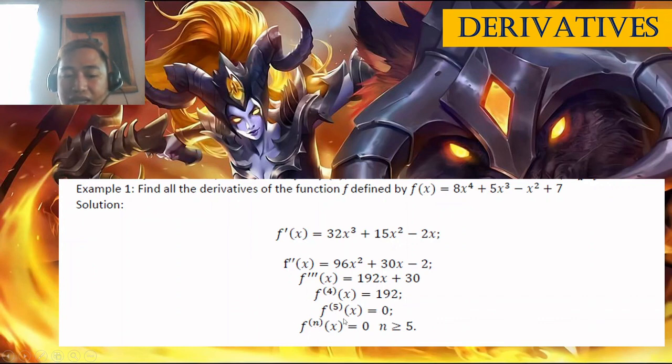So the nth derivative of f of x is equal to 0 for all n greater than or equal to 5. Since it is zero at the fifth, it is also zero at the 6th, 7th, and so on.